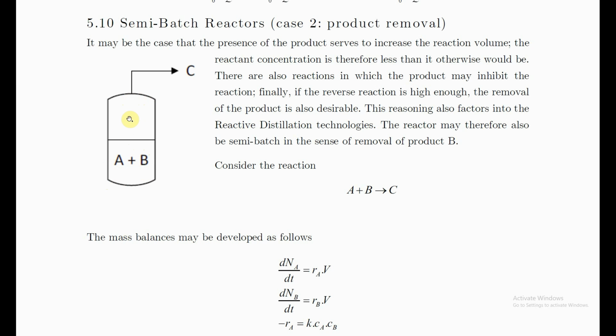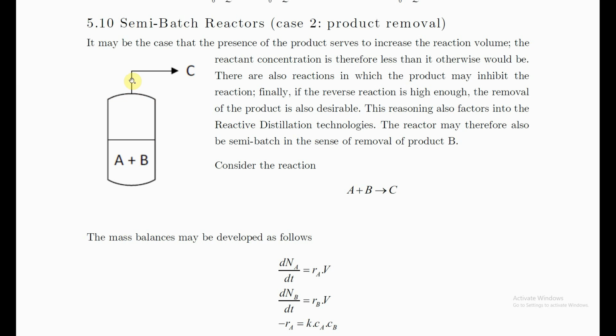And of course, as component C forms, if it was a pure batch case, component C would form up here and the pressure here would rise, and there may be safety concerns around this. So the pressure rising versus the materials of construction might be an issue.